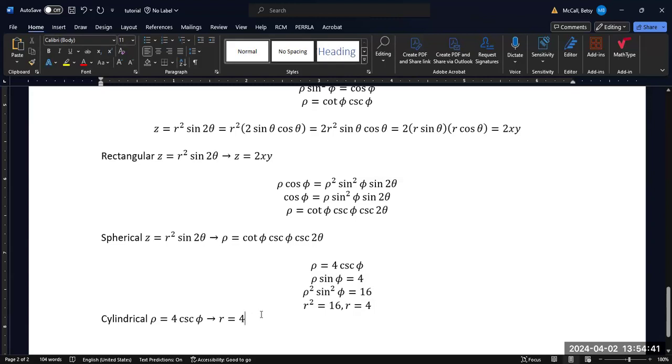Again, sometimes I've seen the r squared equals rho squared sine squared phi in the cylindrical conversion, but often it's in terms of the square and not the r by itself. But either way, that wasn't too bad.